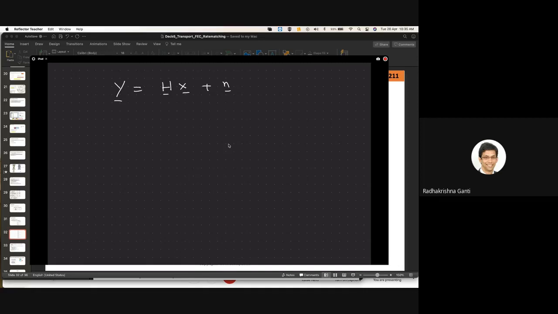So, X is of the size NT cross 1. H is of the size NR cross NT. Y is of the size NR cross 1. Of course, and this is of the size NR cross 1. Is this fine?